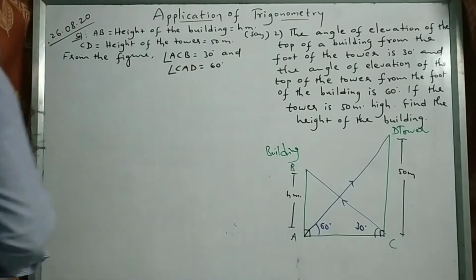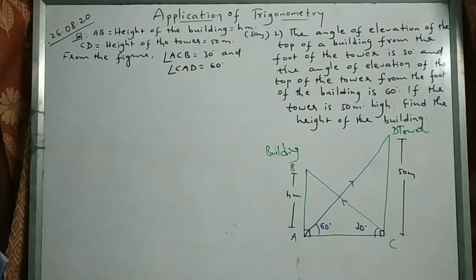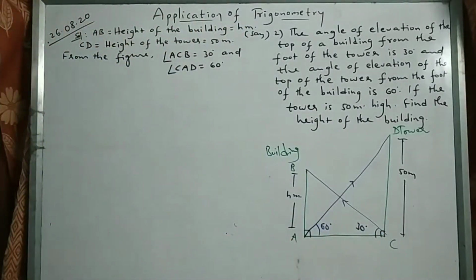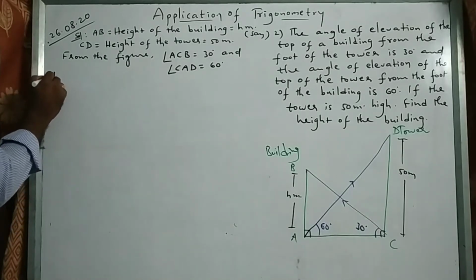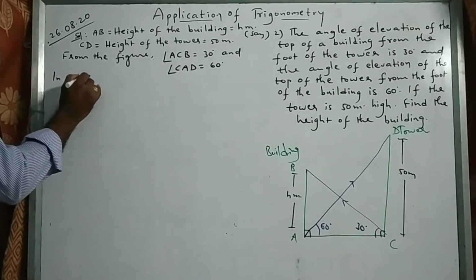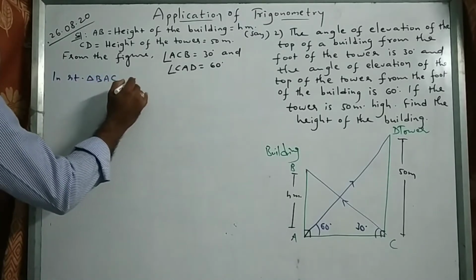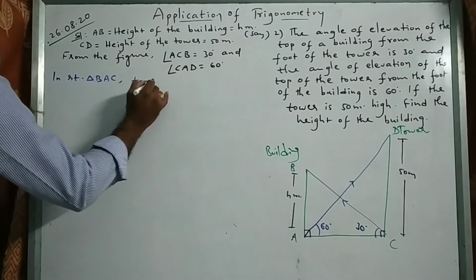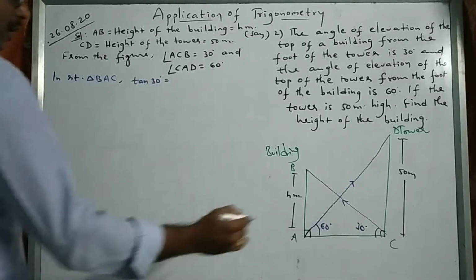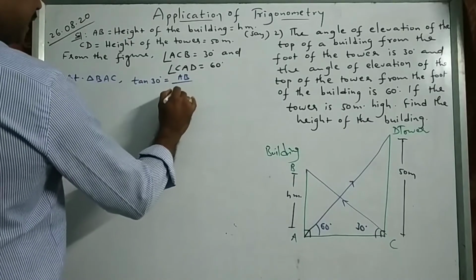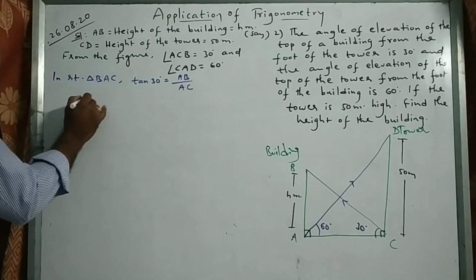So the two right triangles we have are BAC and DCA, with common base AC. In right triangle BAC, take tan 30 equal to opposite over adjacent, AB by AC.